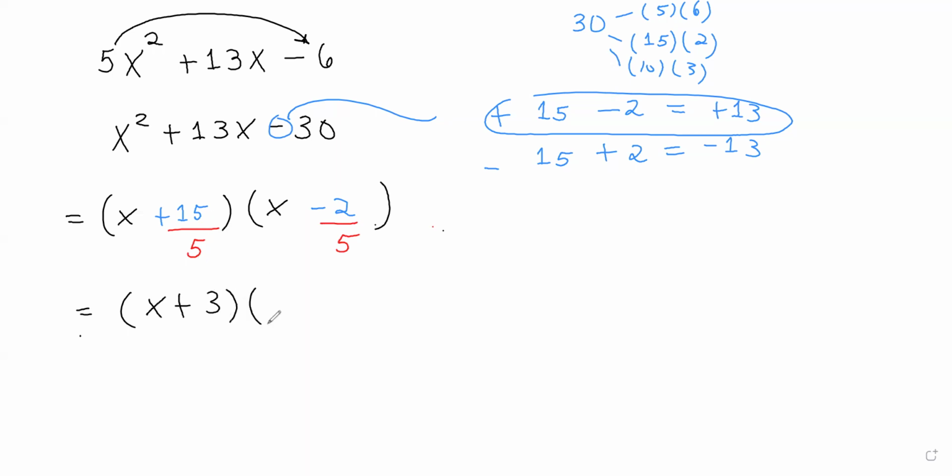That's 3. Now 2 divided by 5 would give some decimal. It doesn't give a whole number. None of our numerical values in the given problem were decimals. So what do? I know it's magic math, but bear with me. You move it in front of the x. And that's your answer.